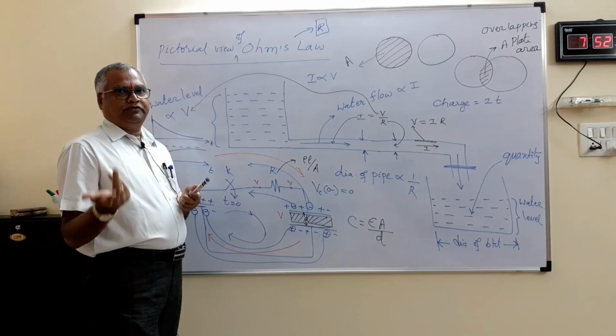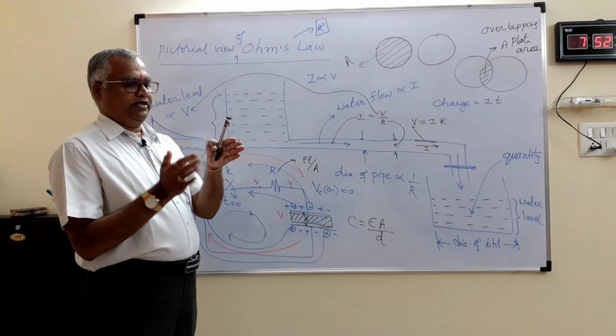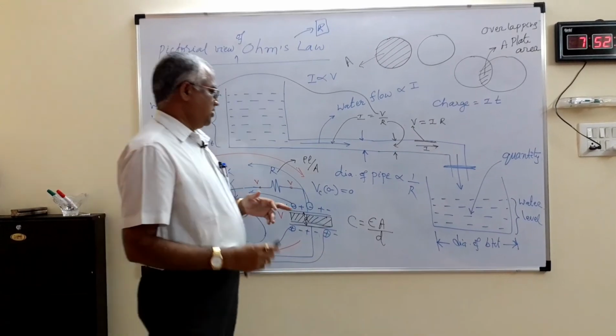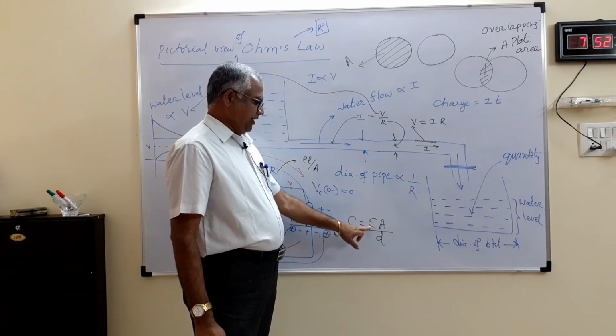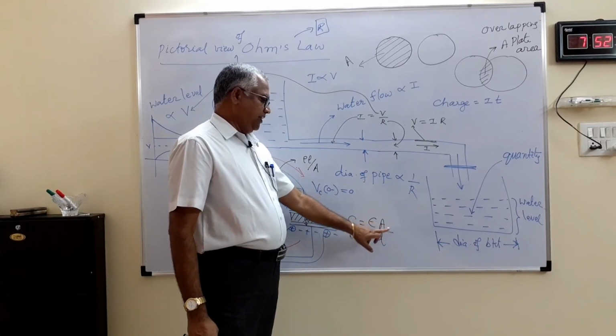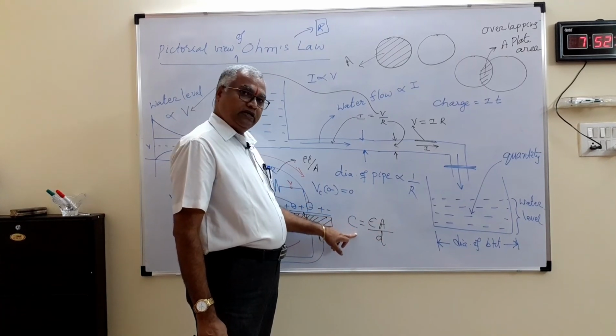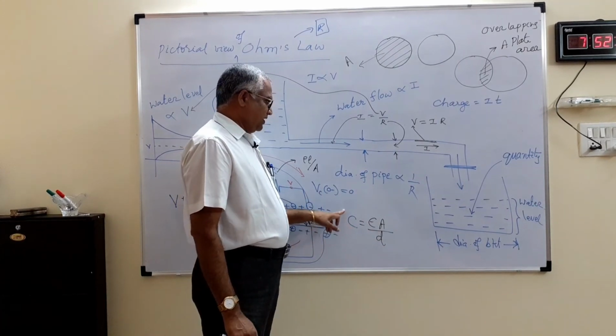Chapati is made with wheat powder only, but omelette is placed between the chapatis. So that is a similar concept. Now with this you understand the meaning of epsilon, A and D. These three will decide the value of the capacitor or capacitance.